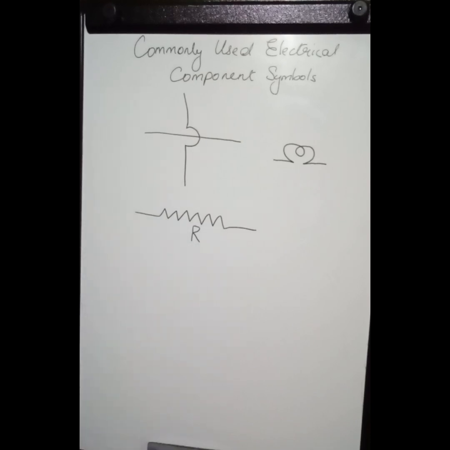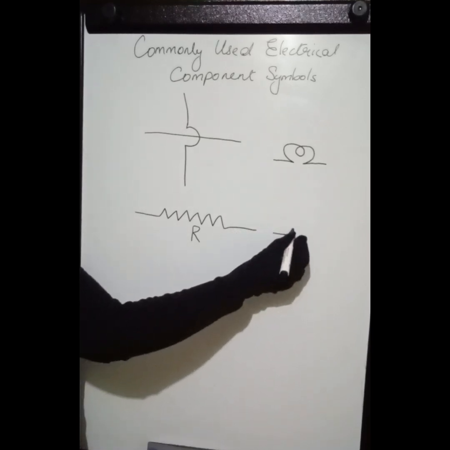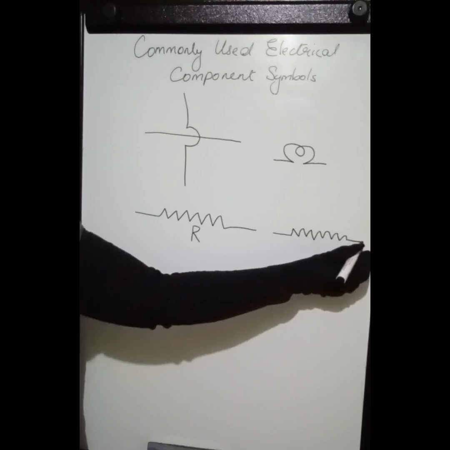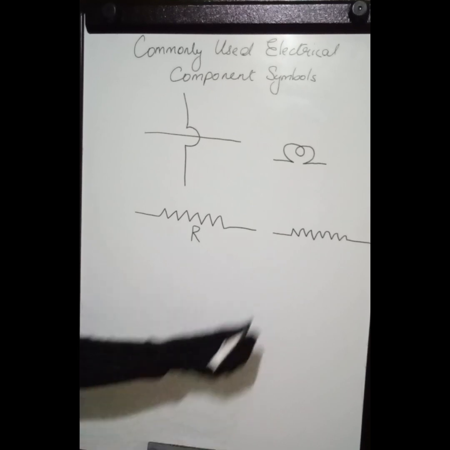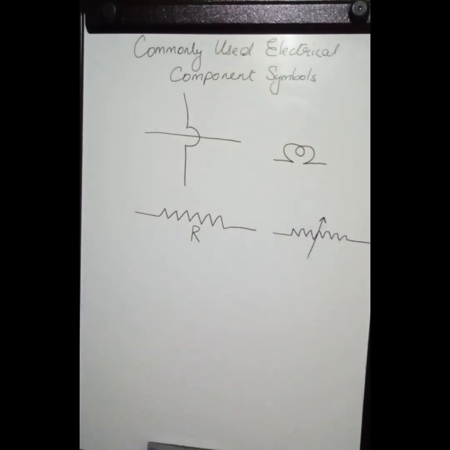How about variable resistance or rheostat? To draw a variable resistance, you would simply draw a sleeping line, then the zigzag lines, and then your sleeping line. Since it is variable resistance, you will just draw an arrow like this.